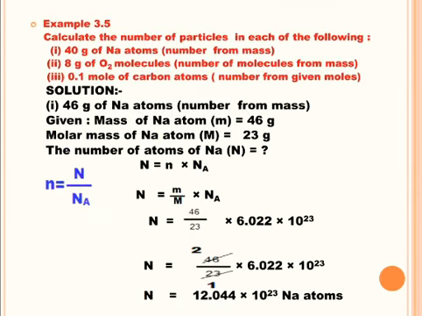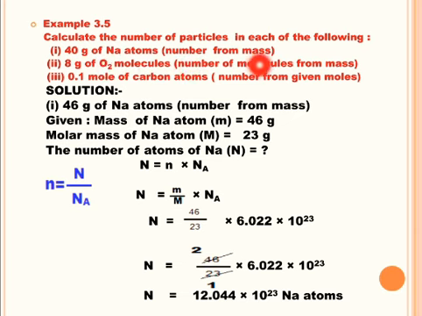Now students, let's see example 3.5. Calculate the number of particles in each of the following. Number 1, calculate the number of particles in 46 grams of sodium atoms. Here you have to calculate the number of particles from mass given. In second, calculate the number of particles in 8 grams of oxygen molecules.